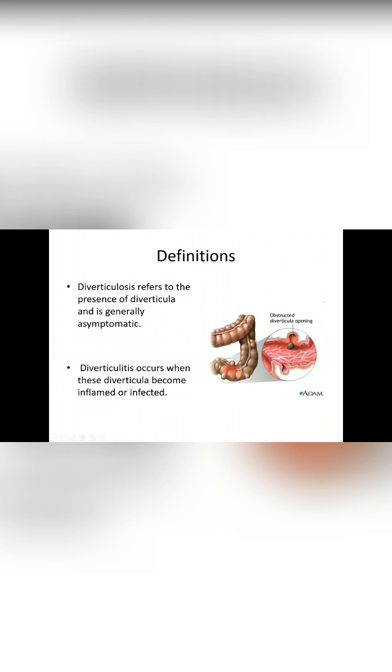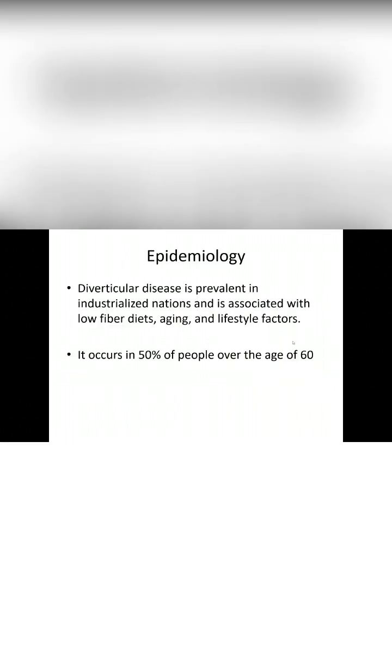And in this picture you can see fecalith at the neck of the diverticulum, that can lead to a change in the bacterial flora here, and that can lead to infection, micro and macro perforation within the diverticulum. You already spoke about that, so it is very common in industrialized countries, and the incidence is increasing with age.